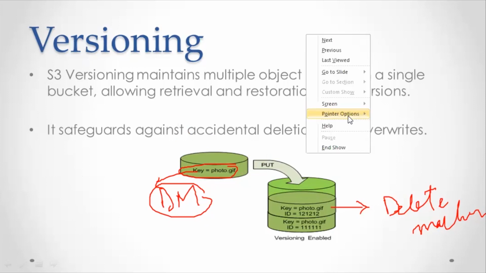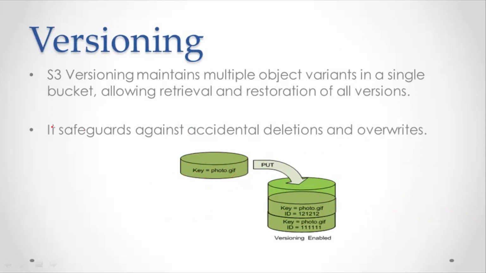One more thing you might want to remember is that when you enable versioning on a bucket, you cannot undo it. That means once versioning is enabled, you can't remove versioning from the bucket. The only solution is to either suspend the versioning, which means you pause it for a while, or delete the bucket and create it from scratch without versioning enabled.